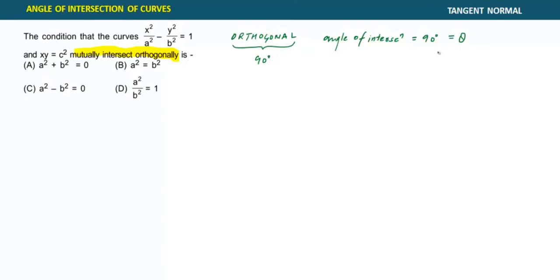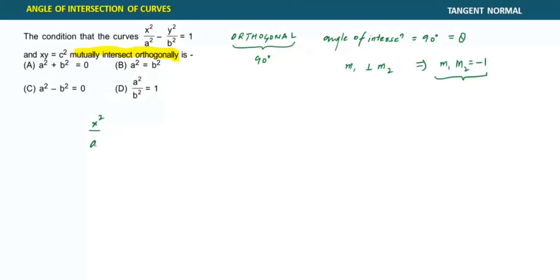And for theta to be 90 degrees, m1 and m2 will be perpendicular, and we know the condition of perpendicular lines is m1 m2 should be minus 1. So this is the particular condition that we are going to use in this question, that the product of the slopes of the tangents to these two curves should be minus 1. So let's start applying this.